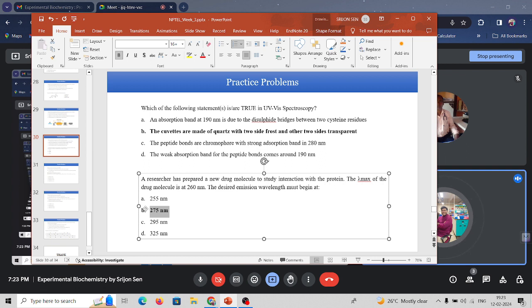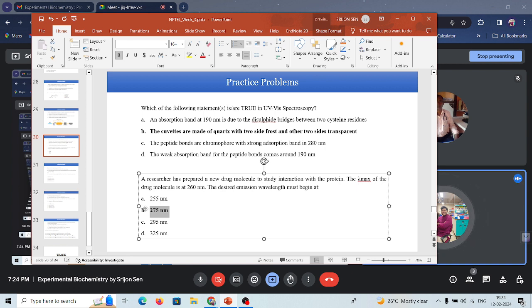The emission should be at least 10 to 15 nanometer ahead of the excitation wavelength because in the Jablonski diagram, once the molecule is excited to a higher molecular orbital, say S2 from S0, it comes down to the lowest vibrational level of S1. Now the energy gap between S1 and S0 is lower than S0 to S2.